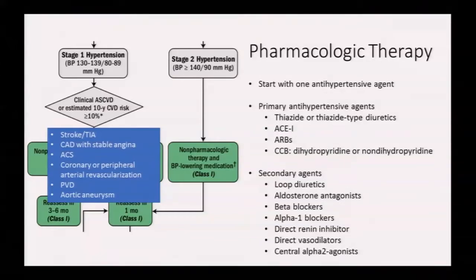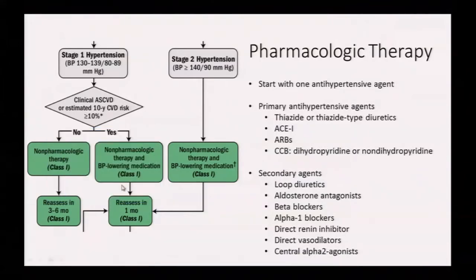If your patient has any of these, you don't even have to calculate their risk. They already fall in the higher risk group where they should be treated with non-pharmacological interventions and blood pressure lowering medication. And once you get to this point, I can't stress enough, close monitoring. Probably at most 1 month, bring them back and see what they're doing.